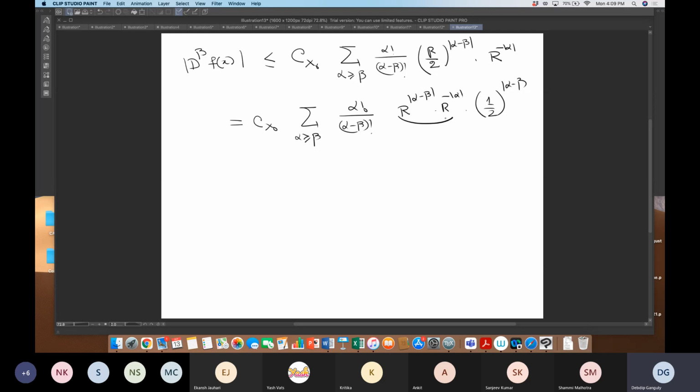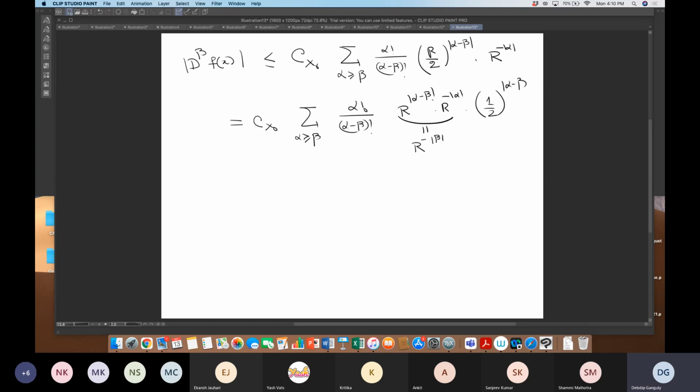What can I write this as? Just think. Mod alpha minus beta minus mod alpha. What can I write? Equal to r to the power what? Minus mod beta. Yes, very good. R to the power minus mod beta.